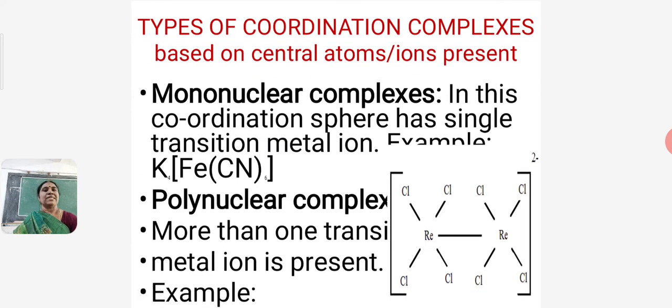You can also classify complexes based on the number of central atoms or ions present in them. For example, mononuclear complexes.